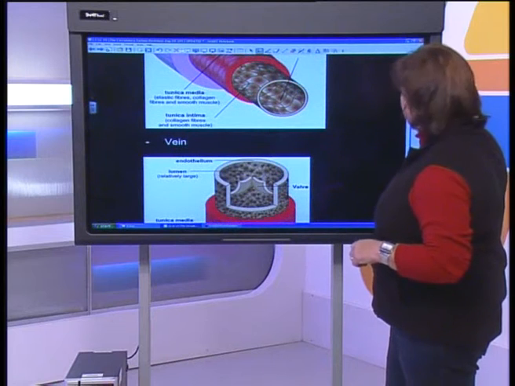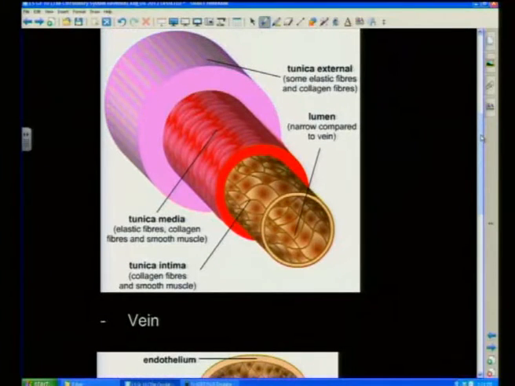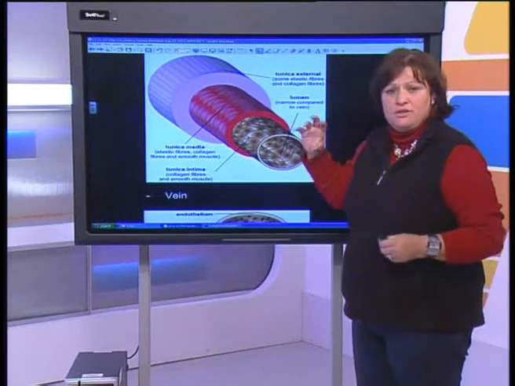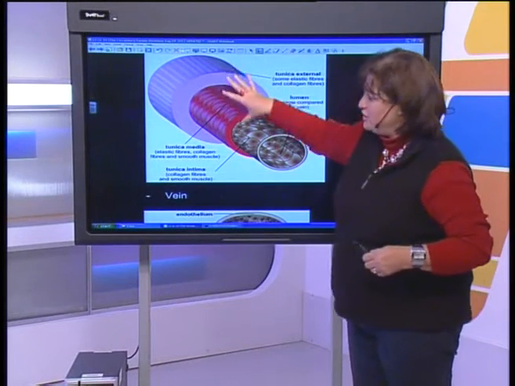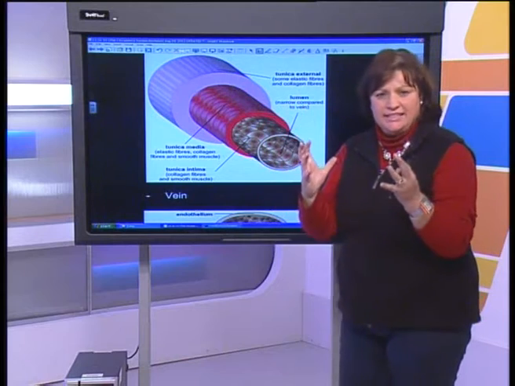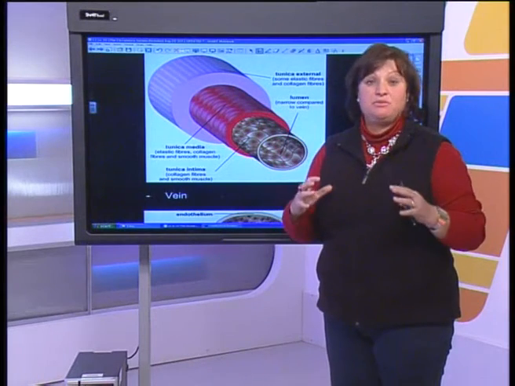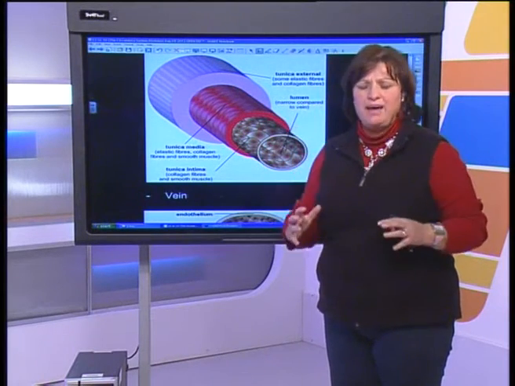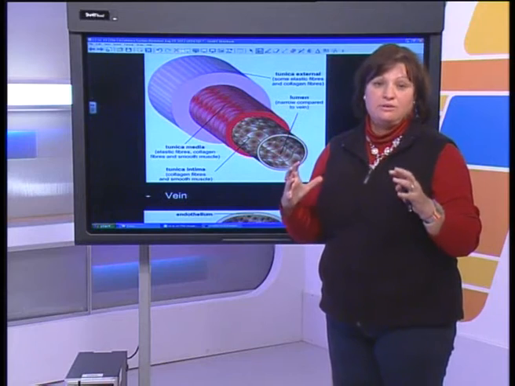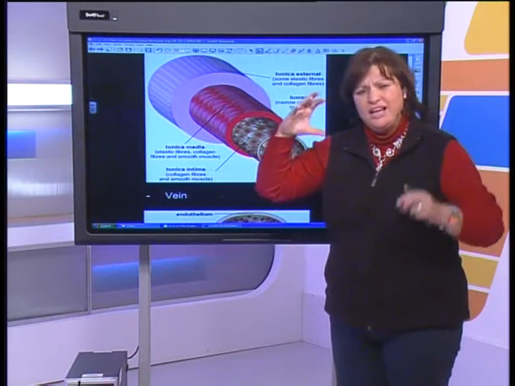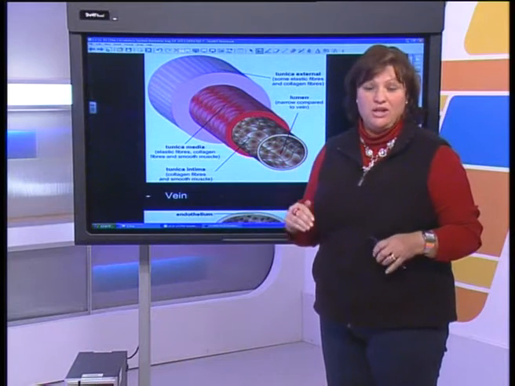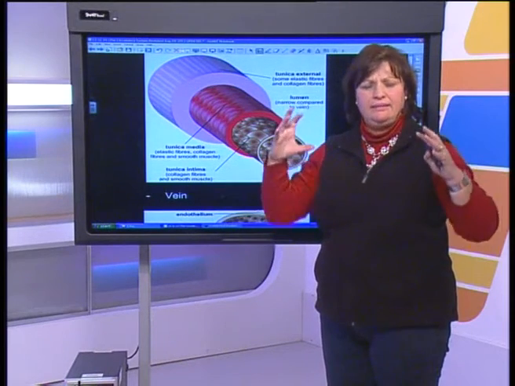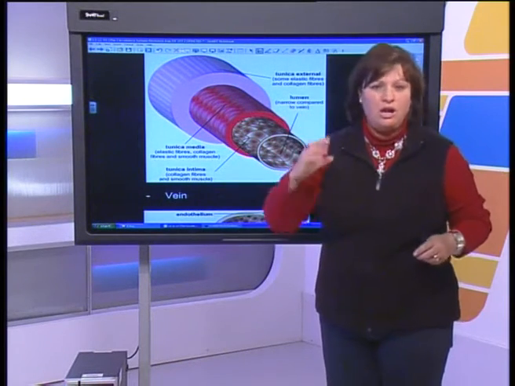Very important terminology: a thin lumen, which is the narrow opening where blood is going to flow through. Then we see lots of elastic tissue, because if it's under high pressure, it's going to expand, and lots of muscle, because it needs to squeeze the blood so that it can go to all parts of the body. So our artery is big, thick, and needs to do a lot of the work.